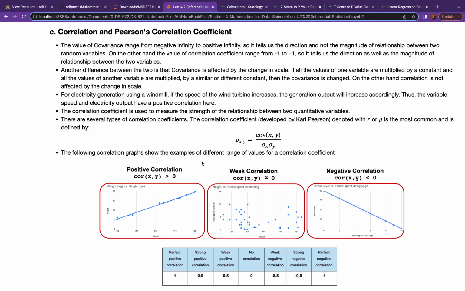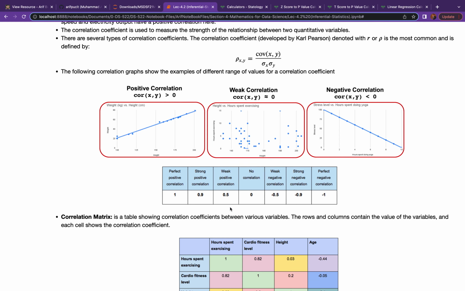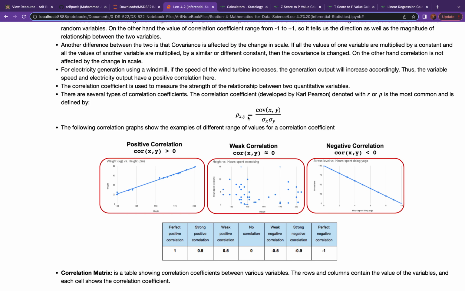Another difference between the two is that covariance is affected by the change in scale, while correlation is not affected by the change in scale. The correlation coefficient is used to measure the strength of relationship between two quantitative variables. There are different types, and one is the Pearson correlation coefficient.